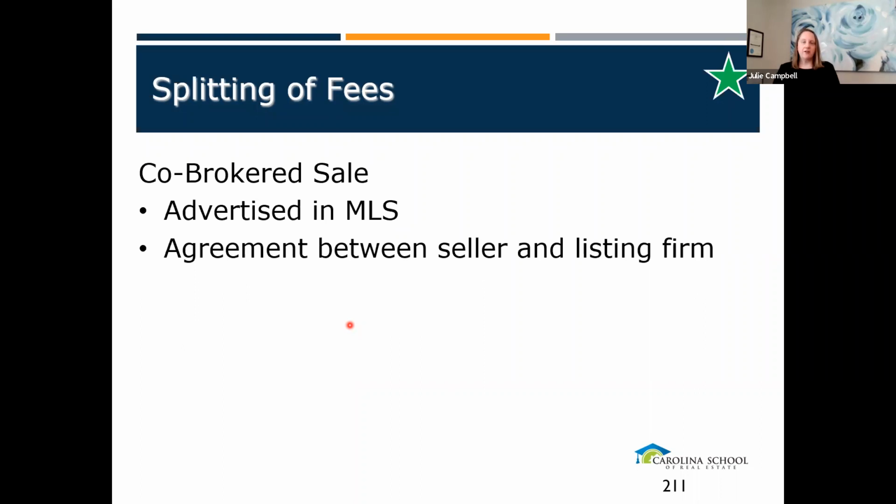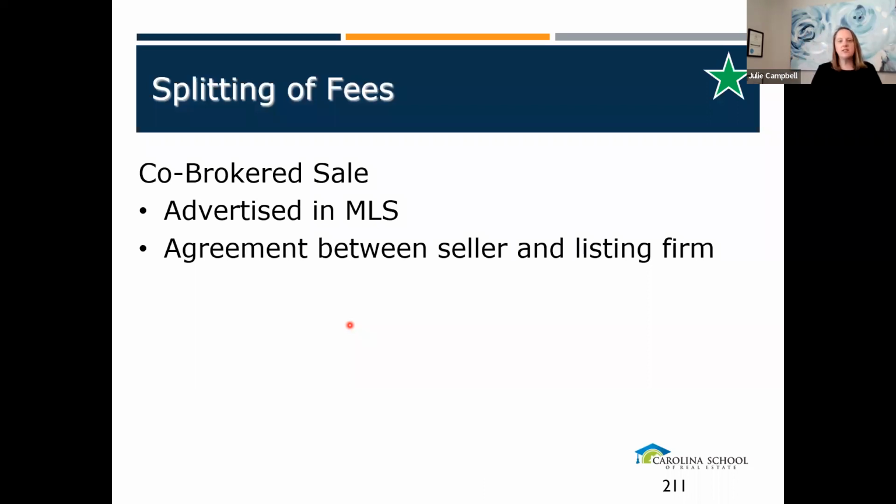So when you have a buyer interested, you're not going to see this on the public sites, but you can log into MLS. You have a buyer interested in 123 Main Street, and you can look at 123 Main Street in MLS and see how much the listing firm is going to pay you when you bring them that ready, willing, and able buyer.